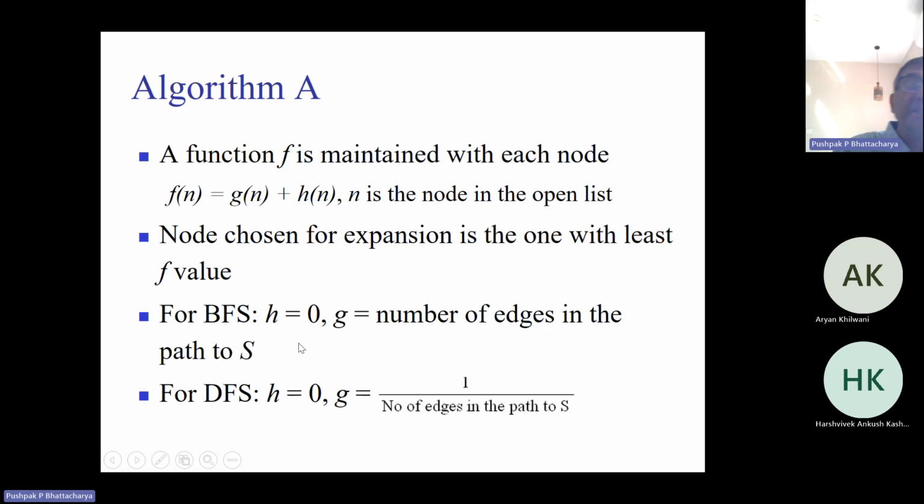For breadth first search, h is equal to 0 and g is the number of edges in the path to S. For DFS, h is equal to 0 and g is equal to 1 by the number of edges in the path to S. So you can see that with this formulation, giving expressions for g and h, we can derive breadth first search and depth first search from algorithm A.